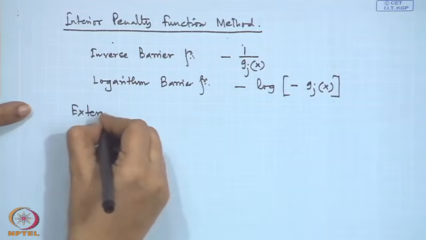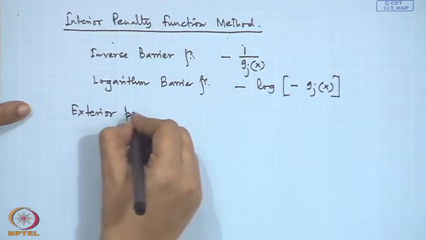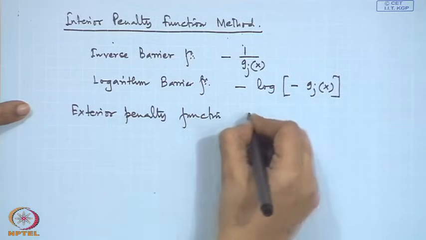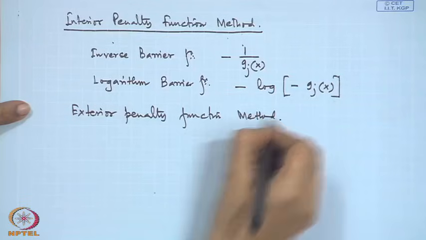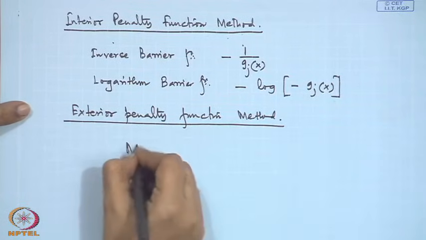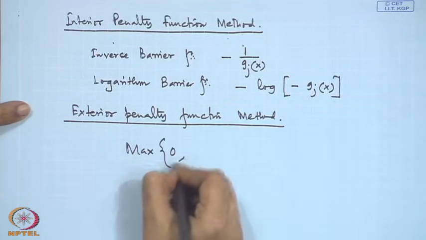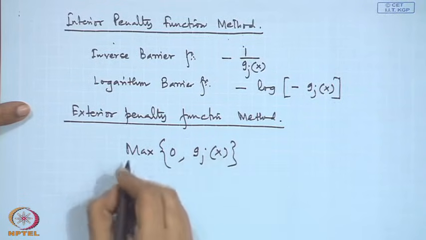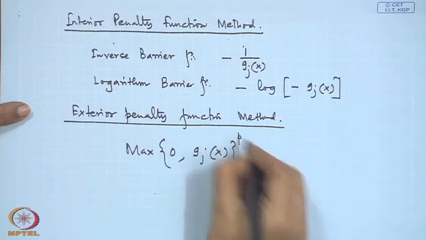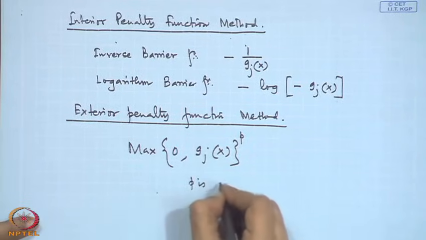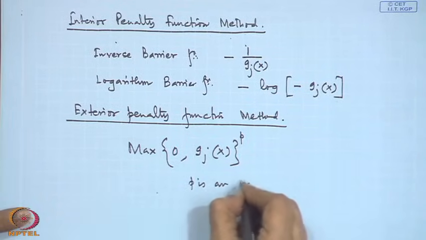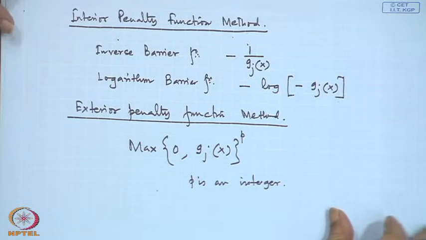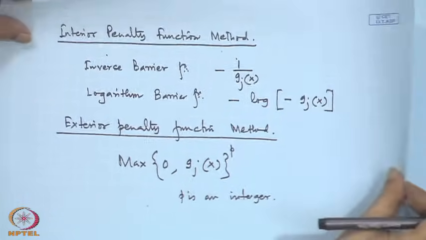Similarly, for the exterior penalty function method, the popularly known functions are max of 0, g_j(x), or max of 0, g_j(x) to the power p, where p is an integer.